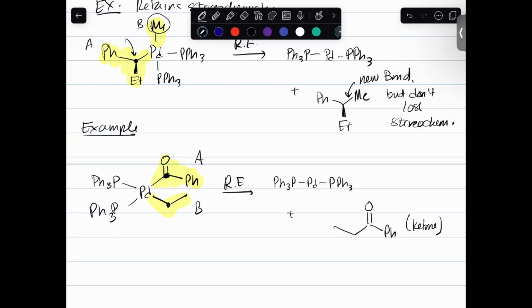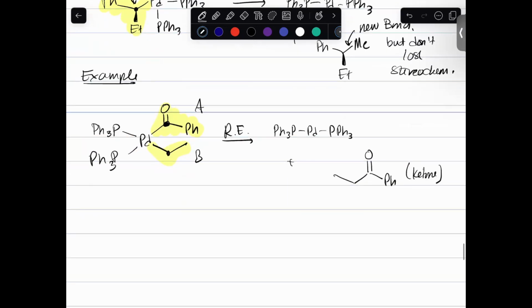So what you'll find, and this won't always be the case, but what you'll find in the Heck and the Suzuki and the Stille reaction is that typically you start with oxidative addition. The mechanism starts with an oxidative addition reaction, and the mechanism ends with a reductive elimination reaction typically.